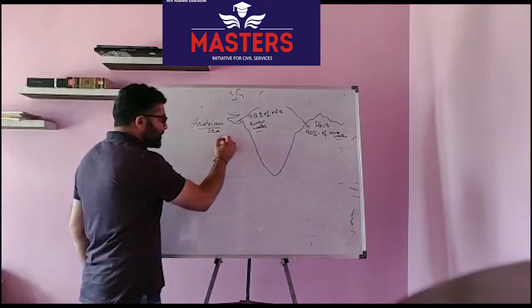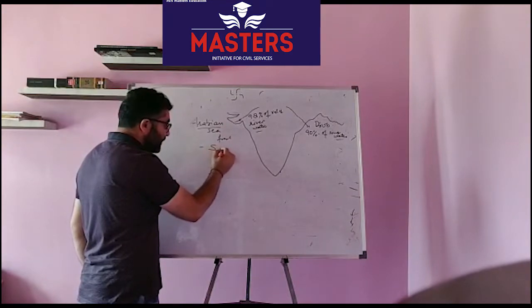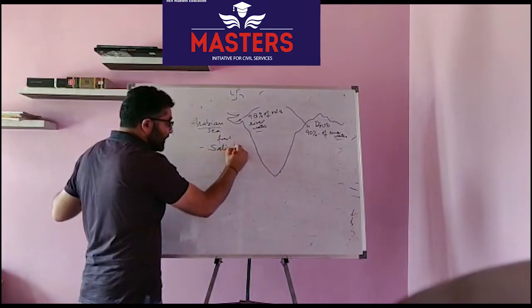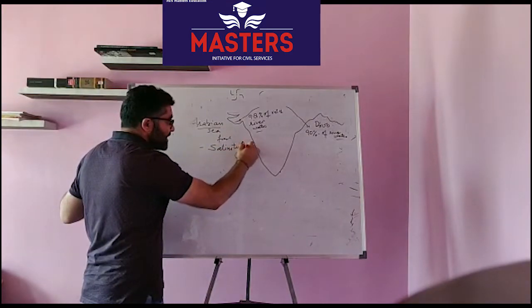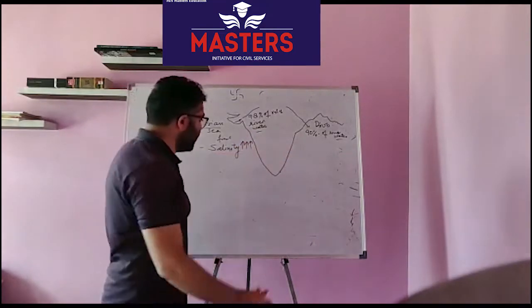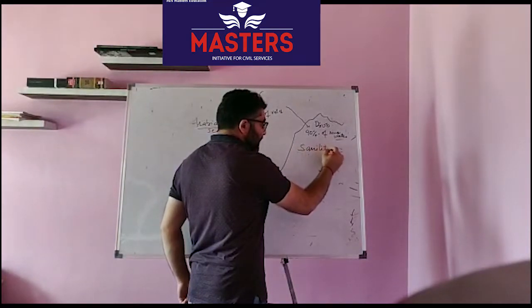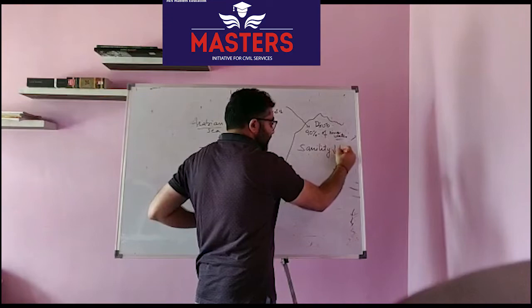River water means fresh water, so fresh water is less in the Arabian Sea. Therefore, the salinity of the Arabian Sea is much higher, whereas the Bay of Bengal receives 90% of the fresh water, so its salinity is very, very low.